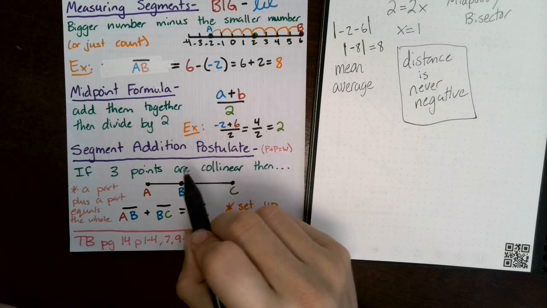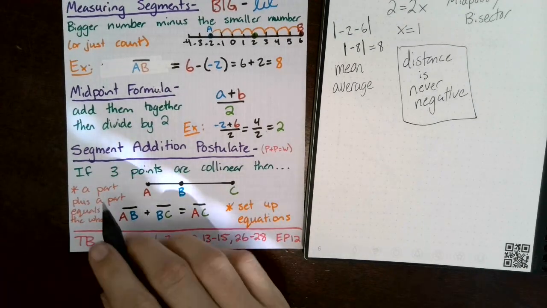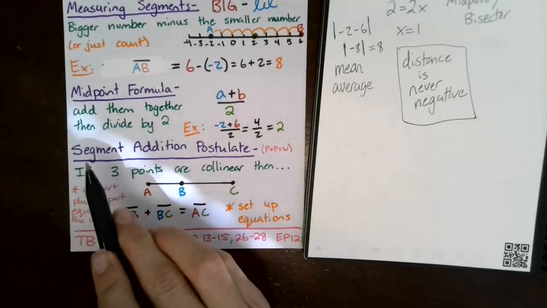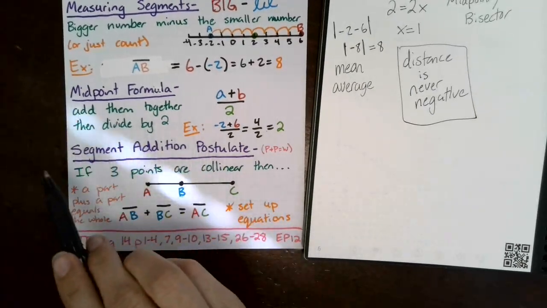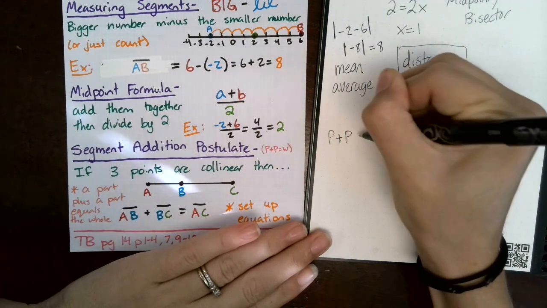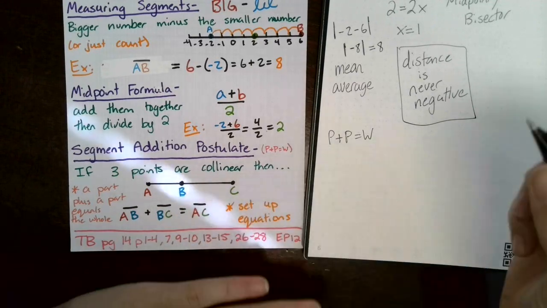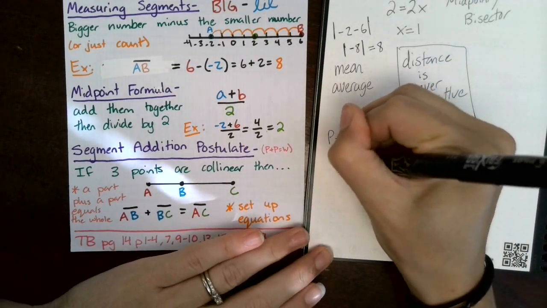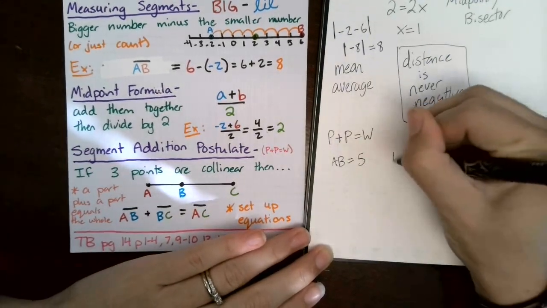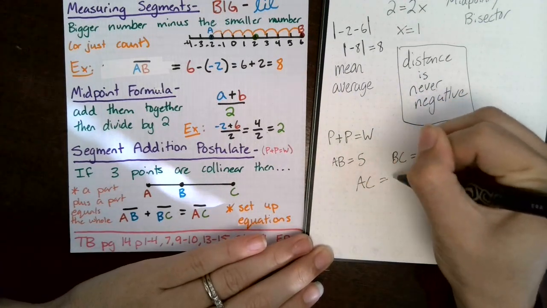Now, I write this down as a part plus a part equals the whole. And that makes sense, but that's a lot to write out. And so is segment addition postulate. That's a lot to write out. So we abbreviate this to part plus part equals whole. So let me pretend and give some numbers here. Let's say AB equals 5 and BC equals 7. And I said, what is AC equal?